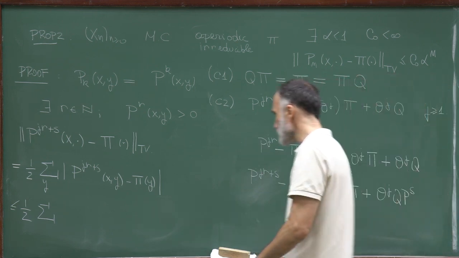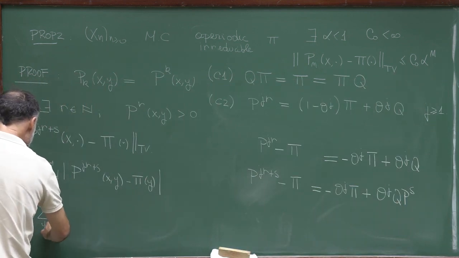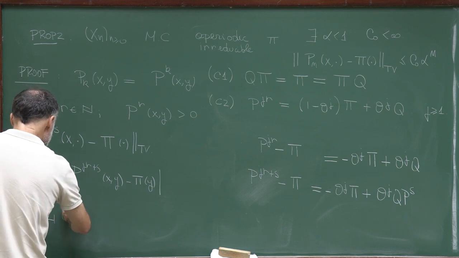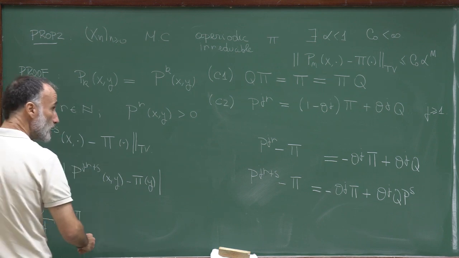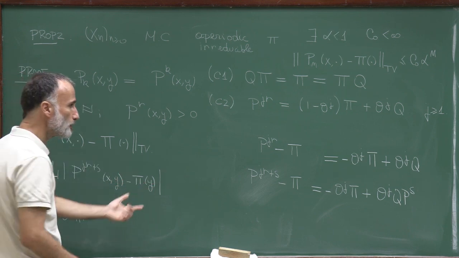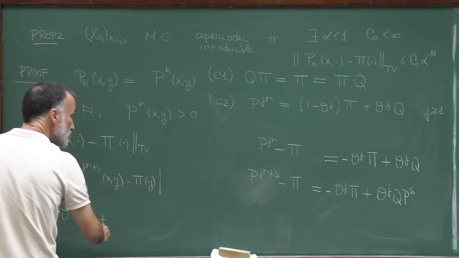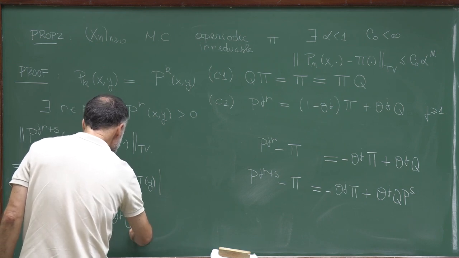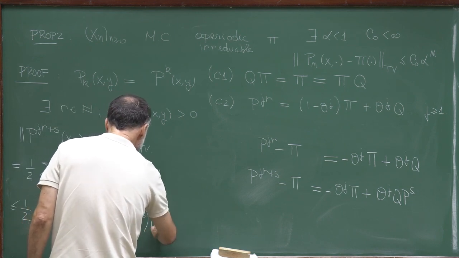This is also non-negative, so that gives me a sum over all y of theta^j pi(y), since pi(x,y) is equal to pi(y), plus theta^j q P^s(x,y).